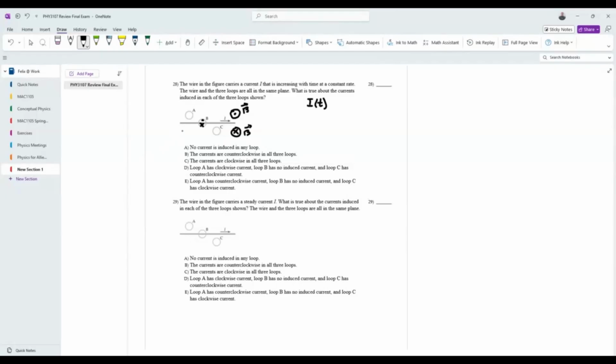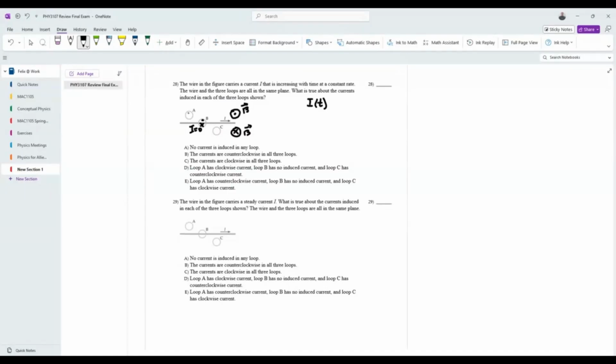So basically here, there is no current induced. The current for this one will be zero. There will not be current induced in this one because the magnetic field above counteracts the magnetic field below. The magnetic flux above is counteracting the magnetic flux below. One change in magnetic flux cancels the other change in magnetic flux, right? Because it's split evenly by the wire.